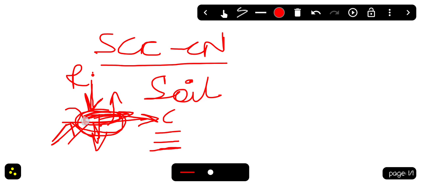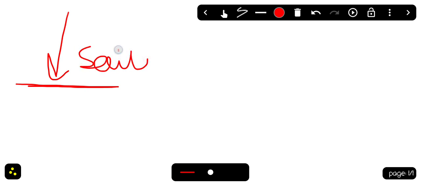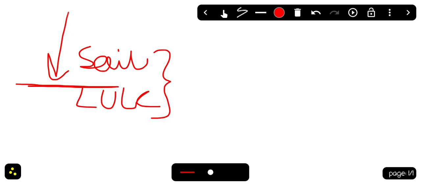What land use is over there where rainfall takes place? So it is very important to understand the rainfall, the surface, the soil, and the LULC. These two things are very important to know the runoff.